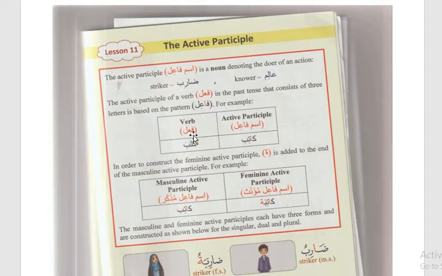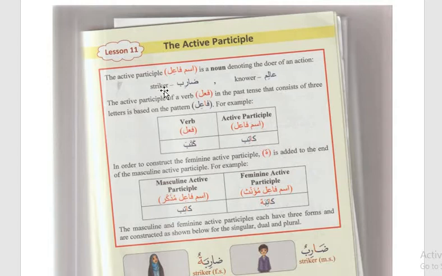We have another example here. The verb is كتب. Now if I want to make it active participle, we mean by this the person who is doing the action. كتب means wrote. So who's doing the action? The writer. The writer or the active participle اسم فاعل in Arabic is كاتب. So كتب, كاتب.